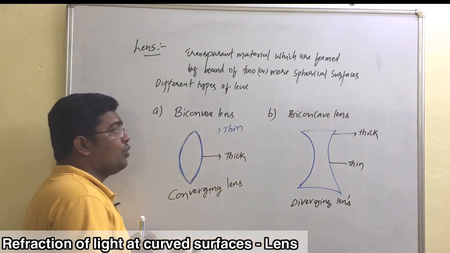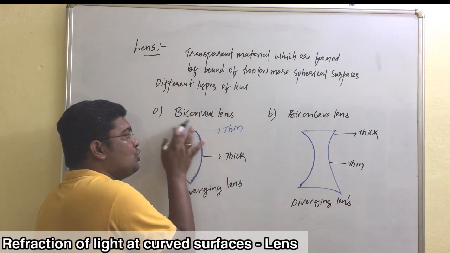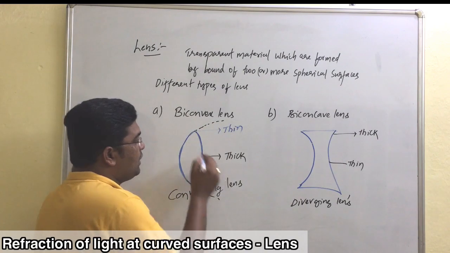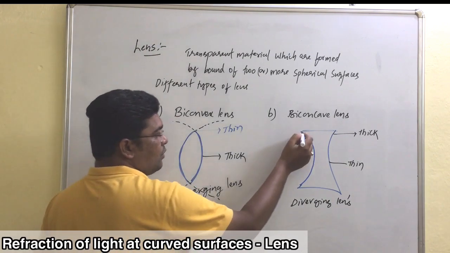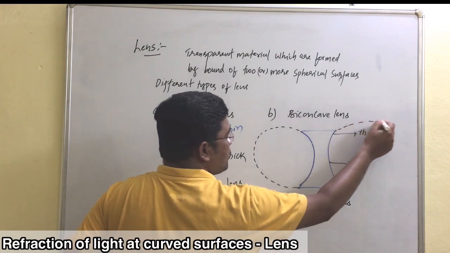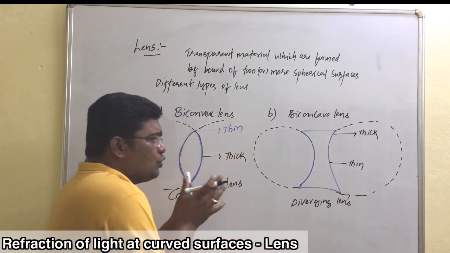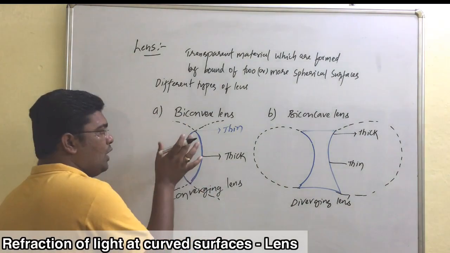Biconvex lens, the name indicates that bi means a combination of two. This is the combination of one spherical surface and another spherical surface. So this is how it is prepared. A lens is made by combining two spherical surfaces.